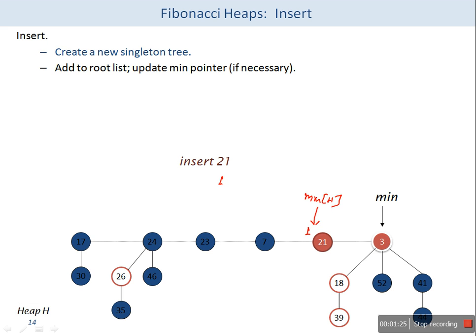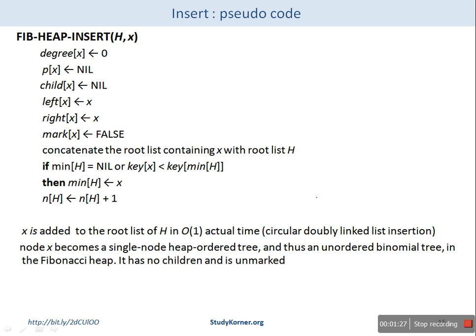Okay, now this is the pseudo code for the Fib heap insert. If you want to insert an element in heap H with the information x, then first we create a singleton tree.